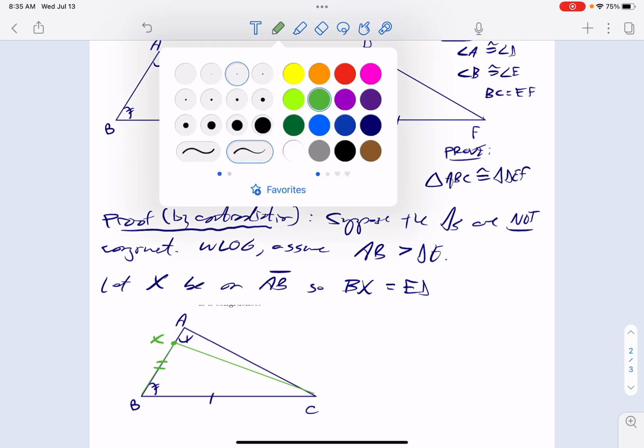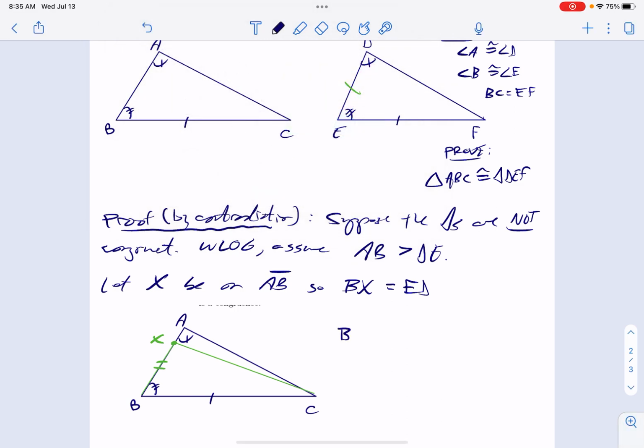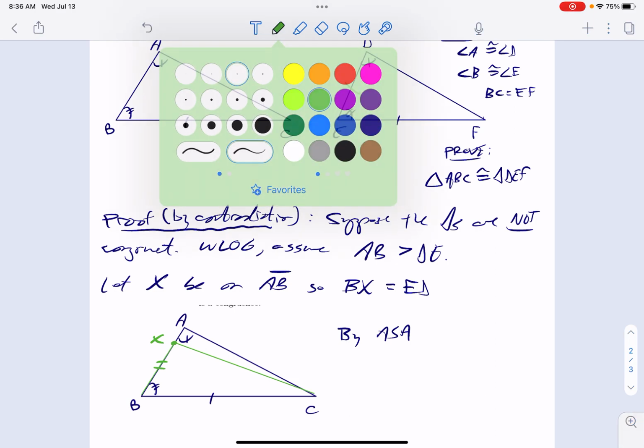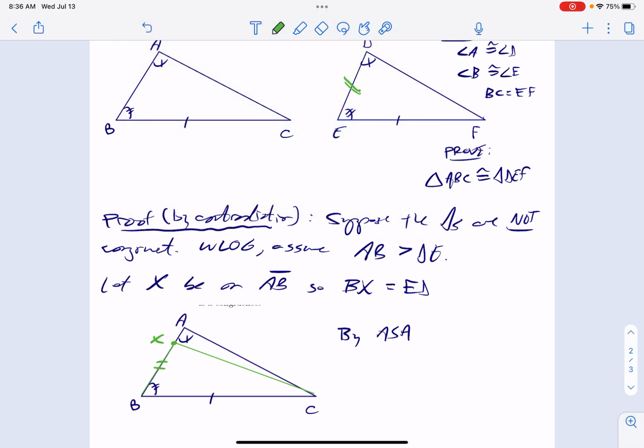So what we'll notice, we now have, by angle side angle congruence, if we look at triangle DEF and we look at triangle XBC, oops, sorry, I want to mark this with a double stroke. Right, so let's just backtrack.